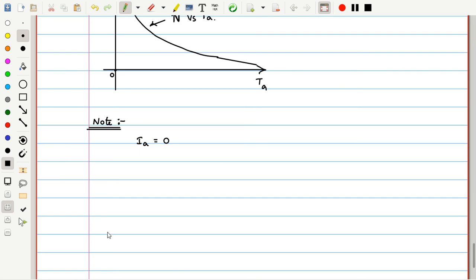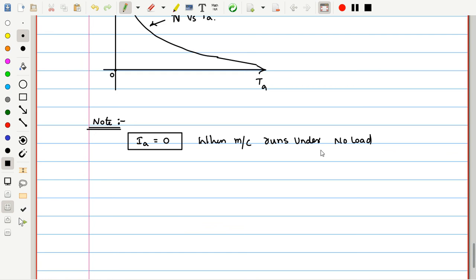That means when the machine runs under no load, if the machine is not loaded, usually the current drawn from the power supply will be 0. That is, the armature current is equal to 0.